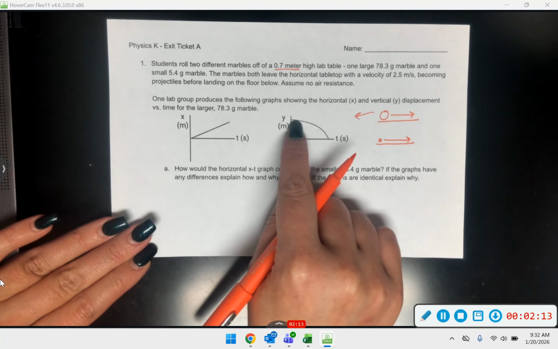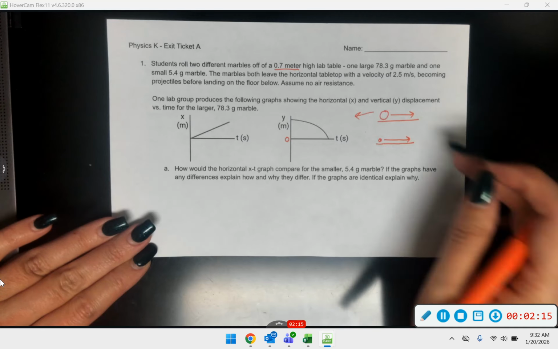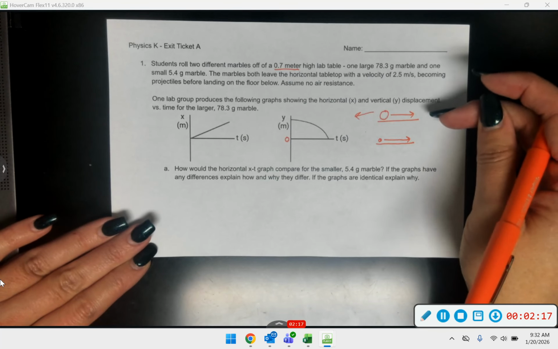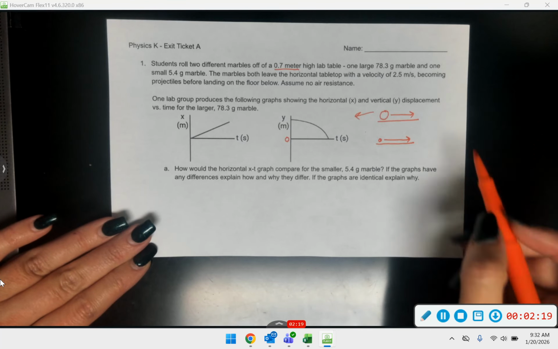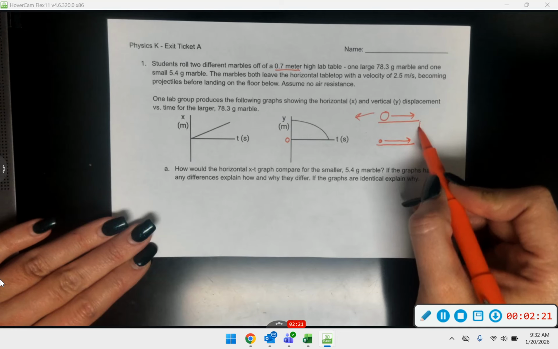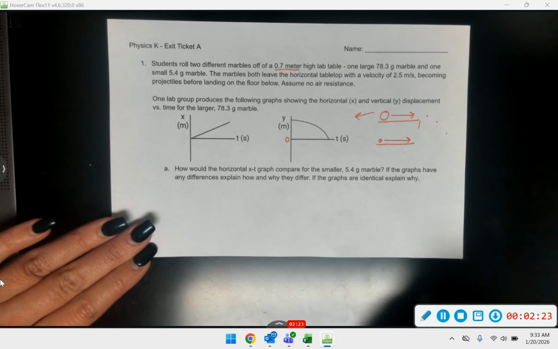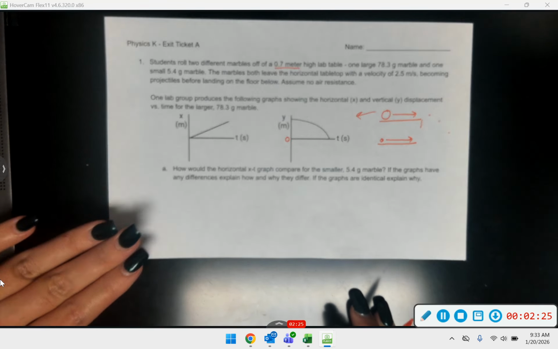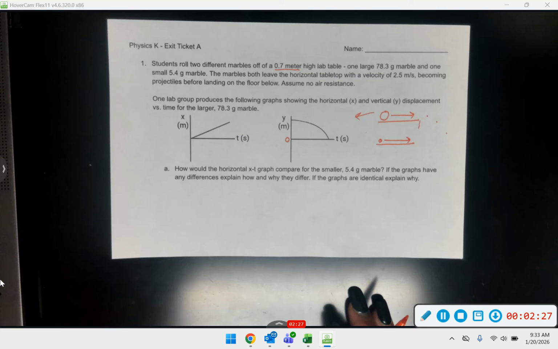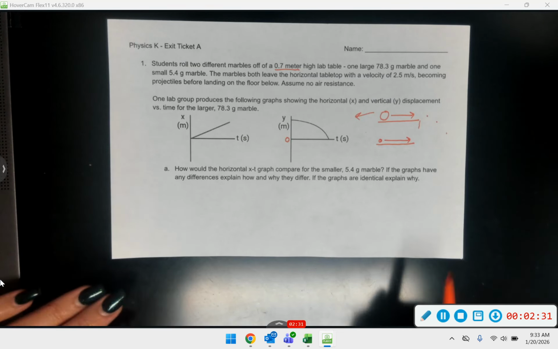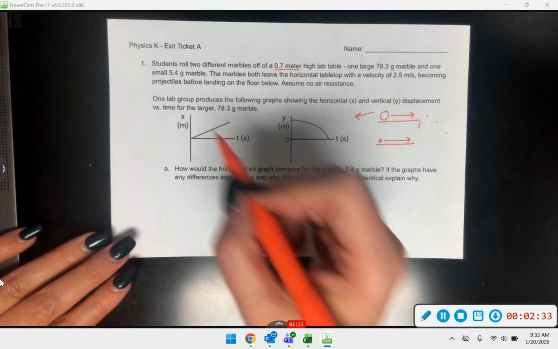Vertically it starts out at rest basically because it doesn't have any vertical motion as it rolls off the table, and then once it leaves the tabletop and becomes a projectile, then it's going to increase in its speed vertically at a rate of negative 9.8 meters per second squared. So again, that's what these graphs are showing.